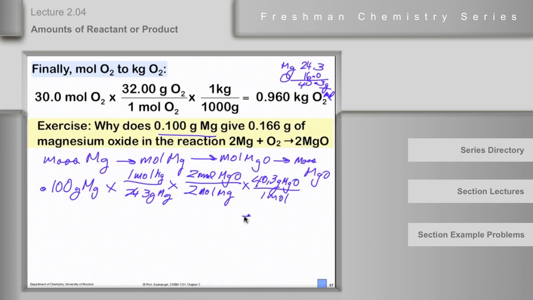Anybody got a calculator? Somebody calculate it for me. Tell me what it is. 0.1 times 1 over 24.3 times 40.3.